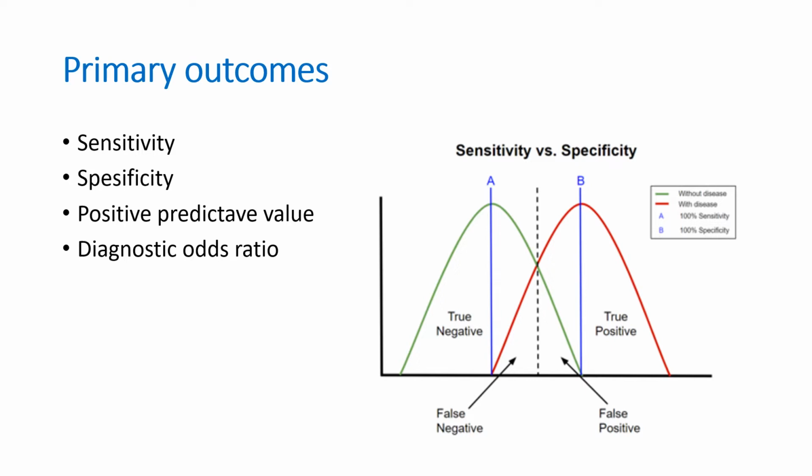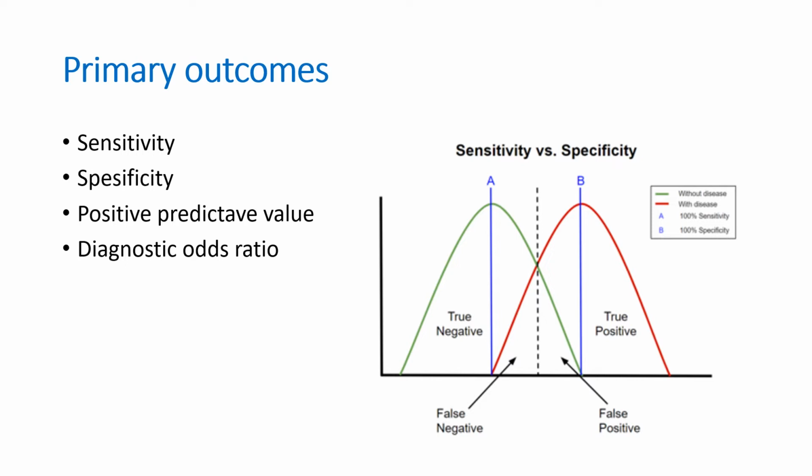Sensitivity and specificity are independent of the population of interest, whereas positive predictive value and negative predictive value look at how useful the test is, and can be dependent on the prevalence of the disease in the population of interest.